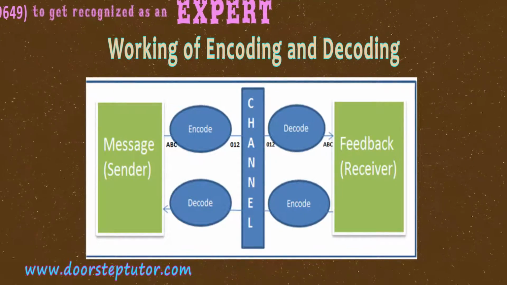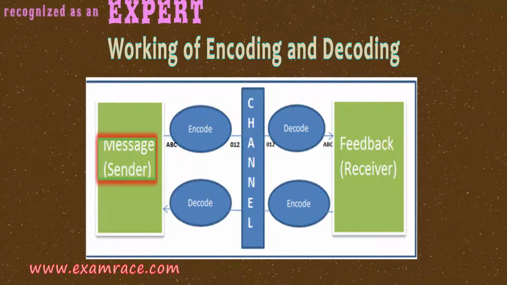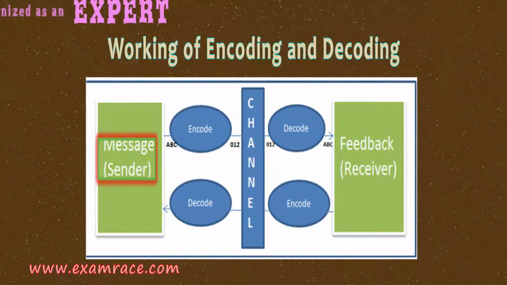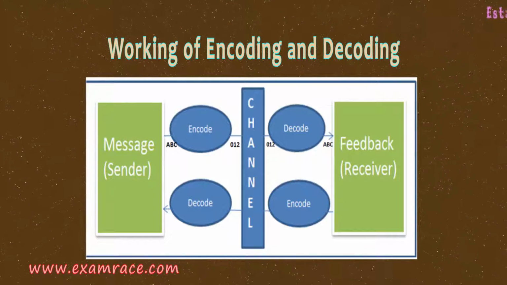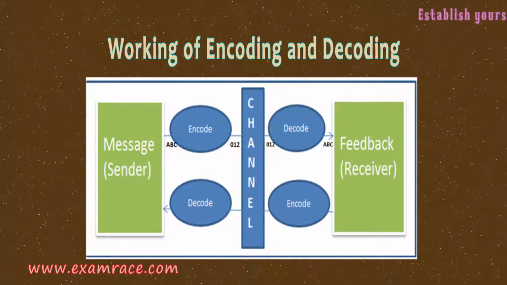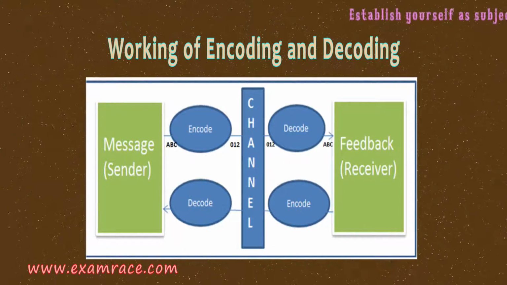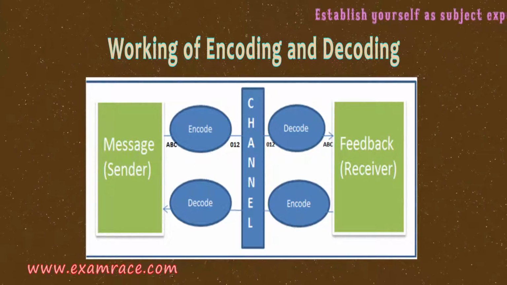Here in the diagram, we can easily understand when the message is transferred from the sender side. Let's say it is in the form of A, B and C. After encoding, it gets converted into 0, 1, 2. It can be in any kind of format. After that, what will happen?